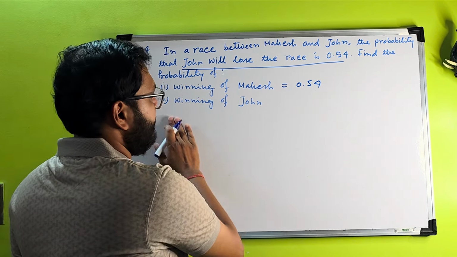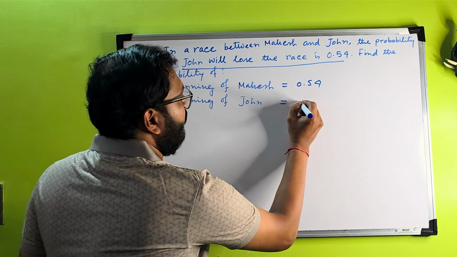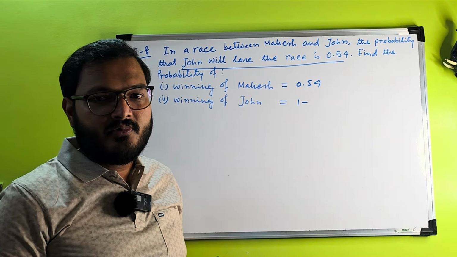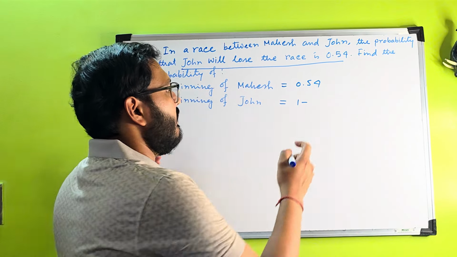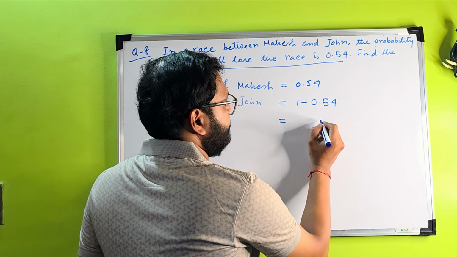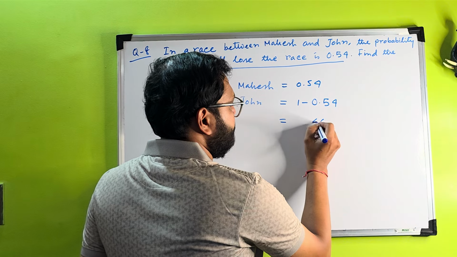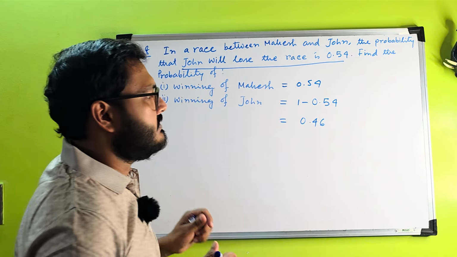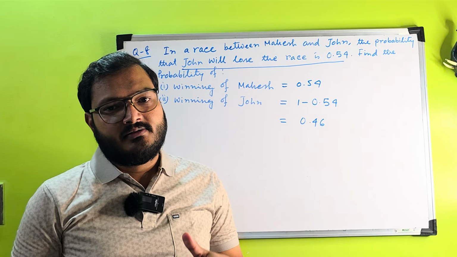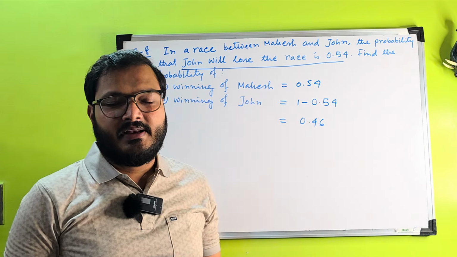Again, 1 minus its losing chance 0.54. So its winning chance is 1 minus 0.54, 0.46. I hope it's clear. It was a very easy sum.